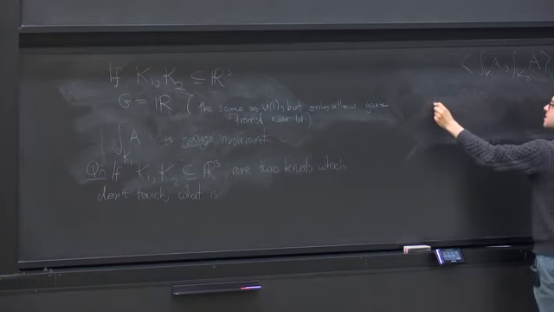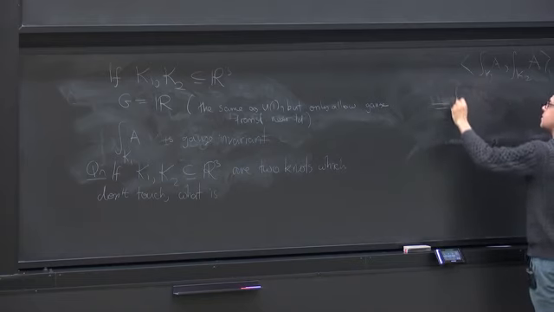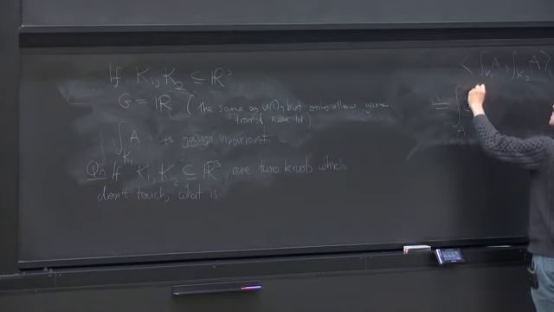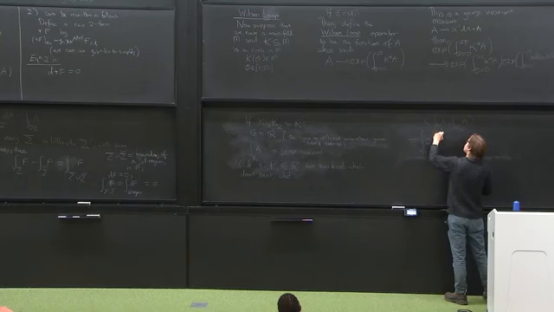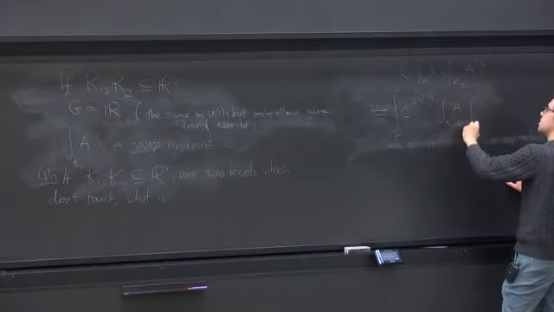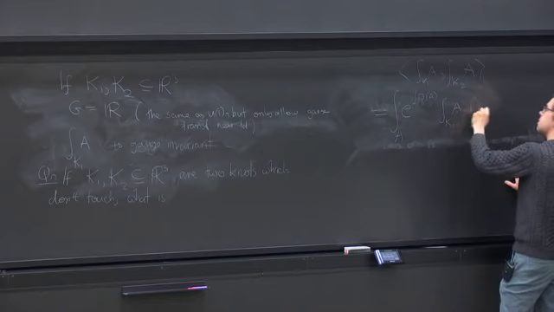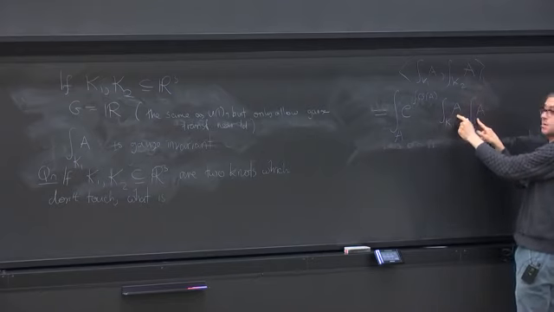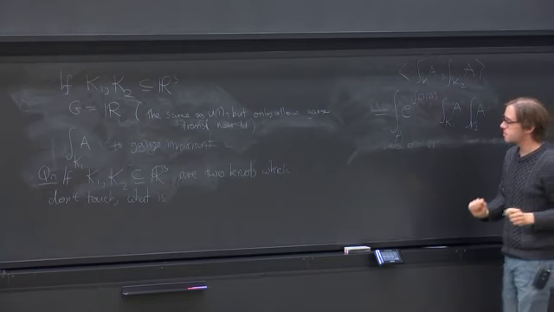This expression is equal to the path integral over all my gauge fields of e to the Chern-Simons action, appropriately normalized, and the operators I'm measuring are the integrals along these knots.